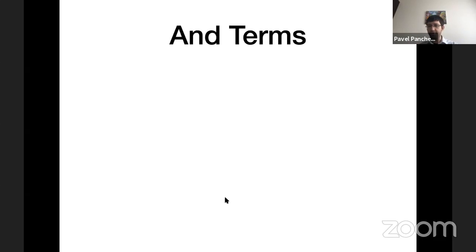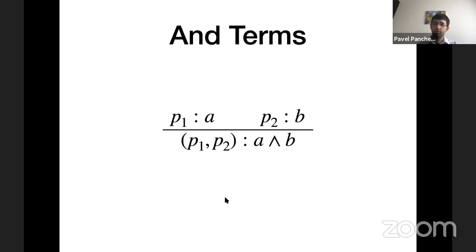What about some other terms? What about and terms? Well, we've seen already how you prove and terms. For and terms, we said that if you know that A is true and you know that B is true, you know that A and B is true. And the notation I'm going to choose for representing that: if we have a proof of A and a proof of B, I'm going to put those 2 proofs between a pair of parentheses.